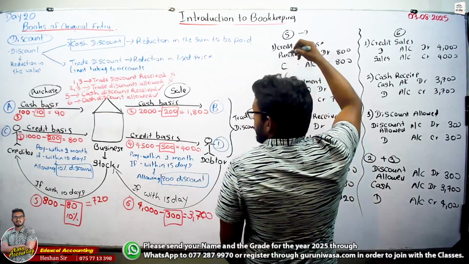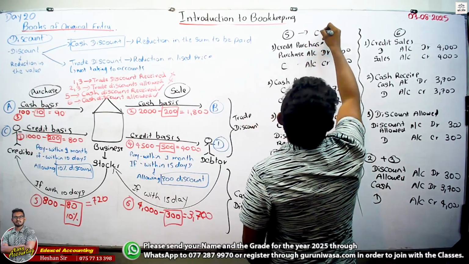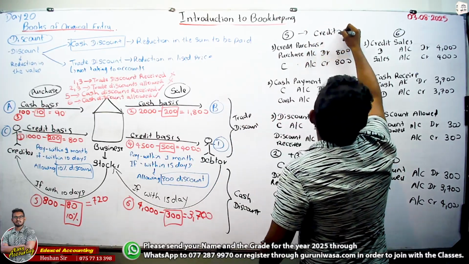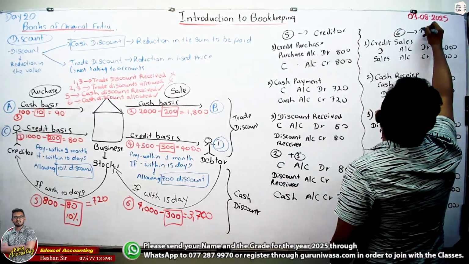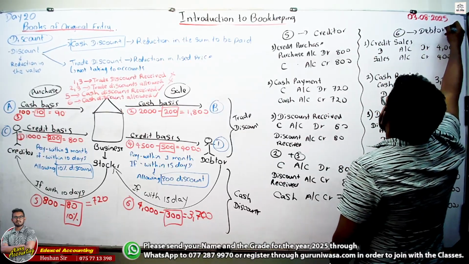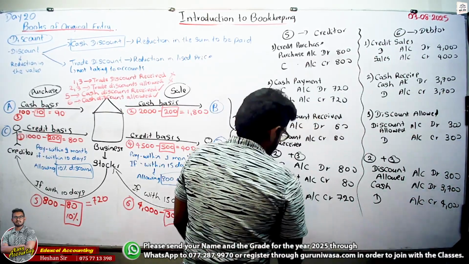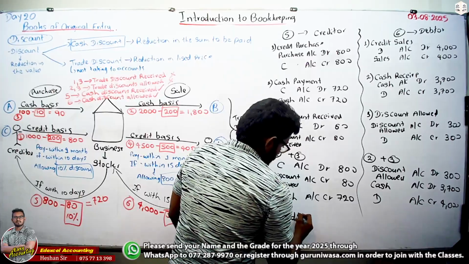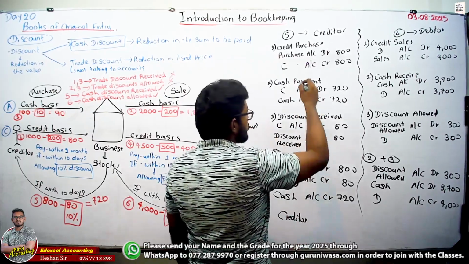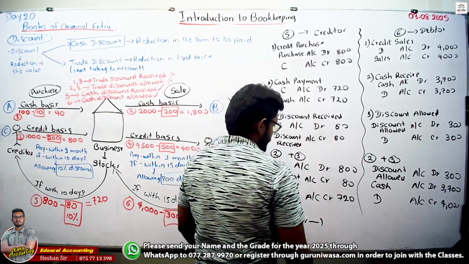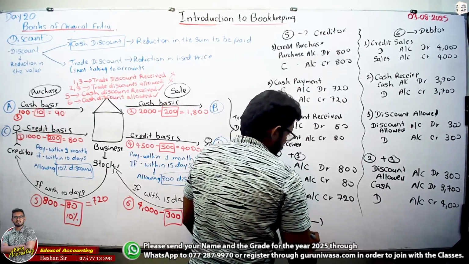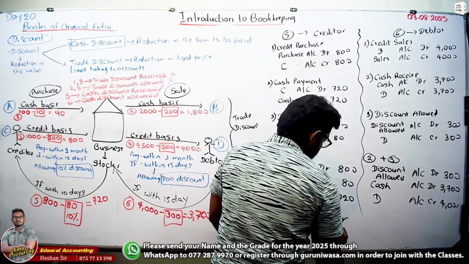Now this is about, 5 is about creditor. I'll explain it. Huh? 6 is about debtor. If it is about creditor, which means discount received plus cash payment, there should be C. So it's two credit entries. I'll explain it.